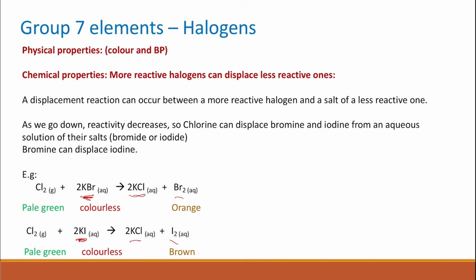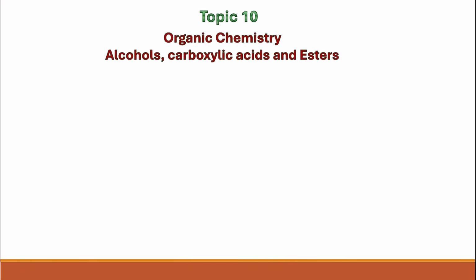So potassium bromide will give you potassium chloride and bromine. In case of potassium iodide, it will give you potassium chloride and iodine. Bromine can displace the iodide, but the iodine cannot displace either because it's less reactive.